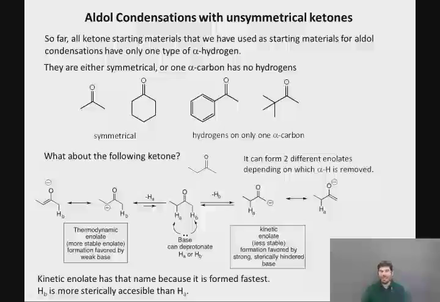HB, being a hydrogen on a carbon with 3 hydrogens that's at the end of the molecule, is more sterically accessible than HA is. There are only 2 hydrogens of type HA, and they are located closer to the center of the molecule. So it is a little more difficult for a base to access HA than it is for a base to access HB, especially, as we will see, if that base is large.